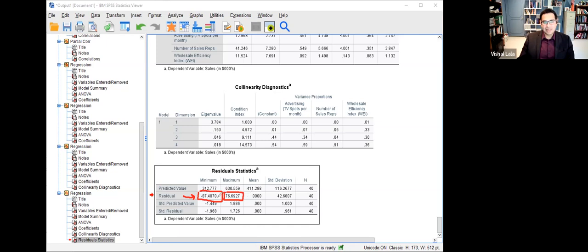In other words, you can tell by looking at this that the biggest error on the downside for your regression line was -87. I'm sorry, -87 would mean you overestimated. 76 would mean you underestimated, which is the opposite type of error.